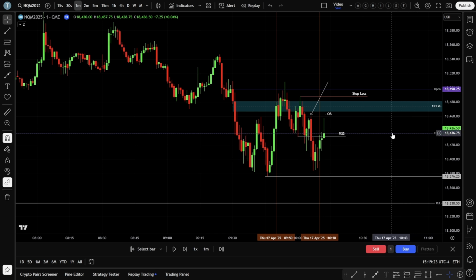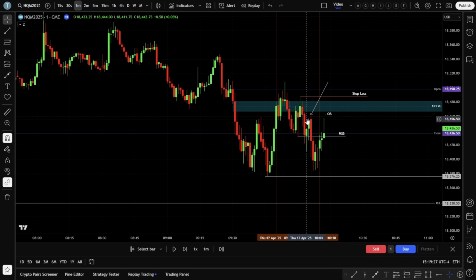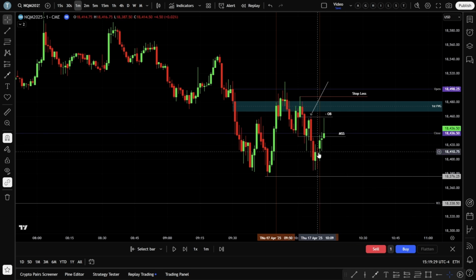That's where our opening range gap is. And notice since our trade, we don't have any fair value gaps in here. And then you can see the reaction again. The bodies are right there at the close, right at the opening range gap.